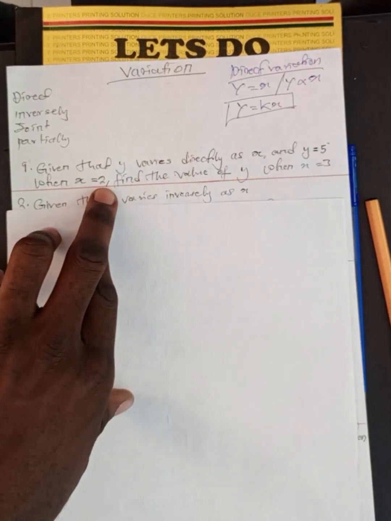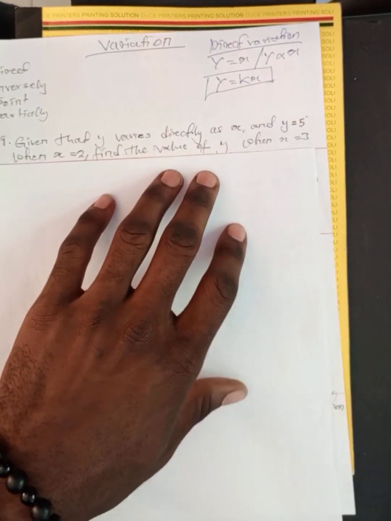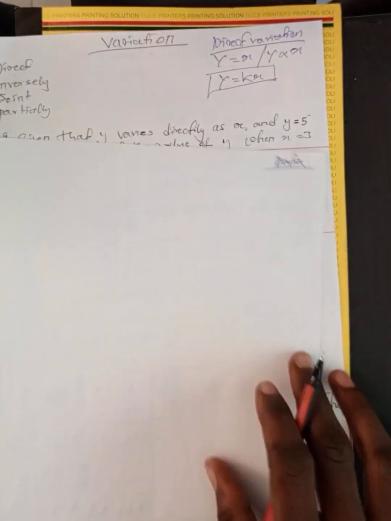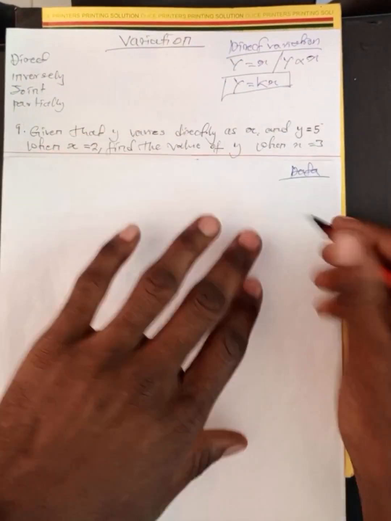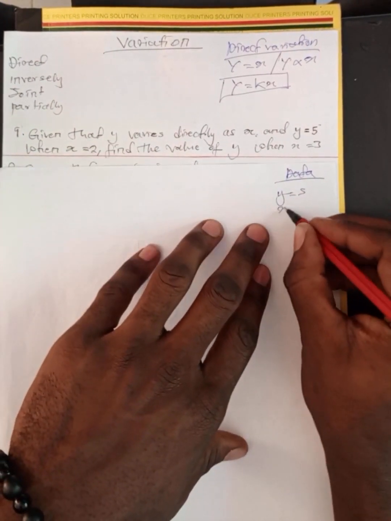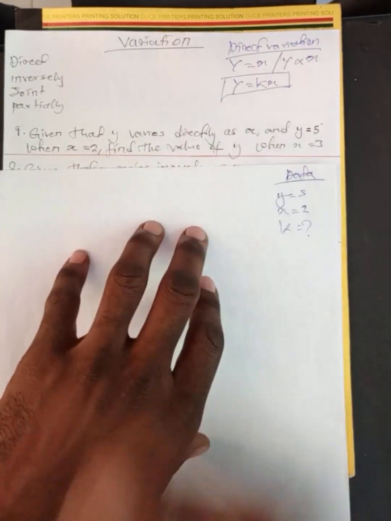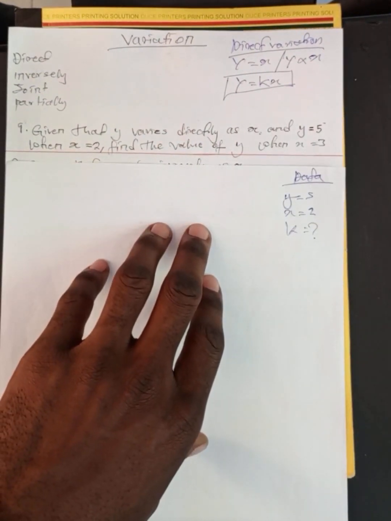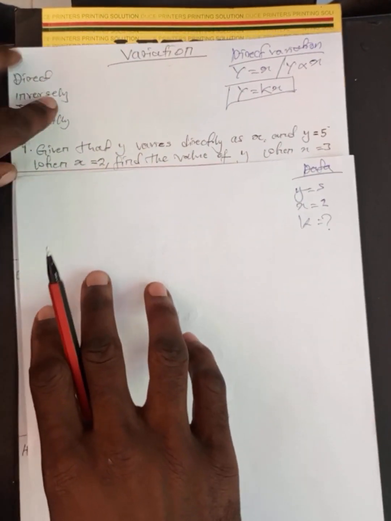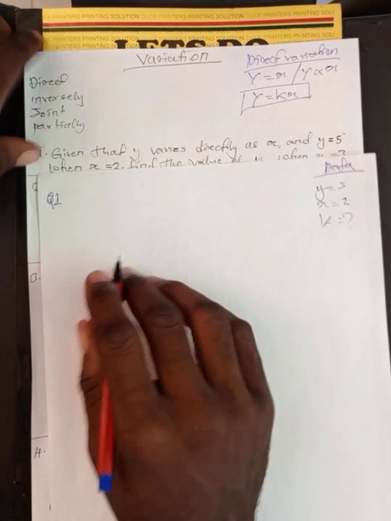So here we have our first data: y is equal to 5 and x is equal to 2. Then k we don't know. The first data is going to help us to find the value of k, which is the constant. So question number 1, k.